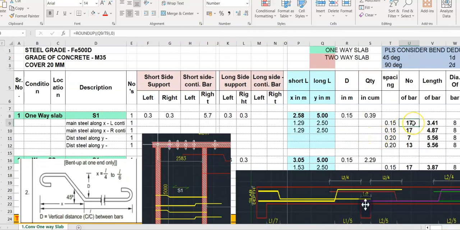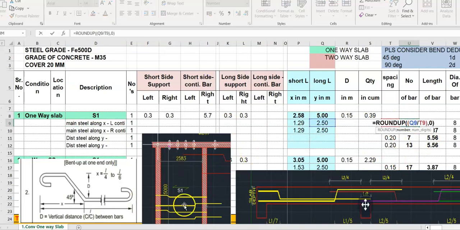Now we have to calculate the number of bars. Here is the main steel in the shorter span. We work out the number of bars on the longer side.